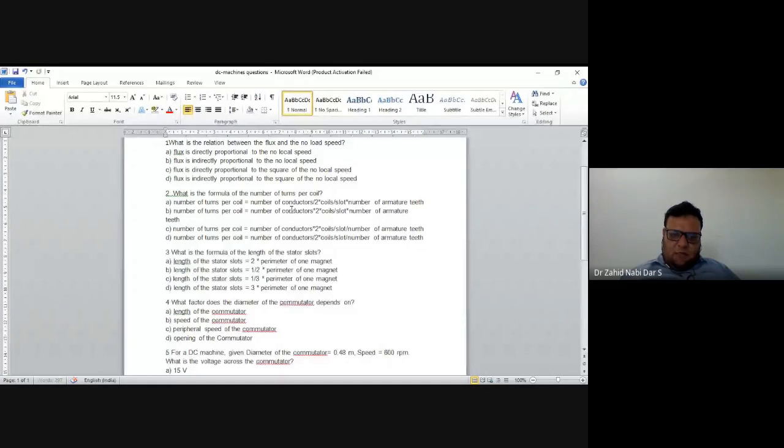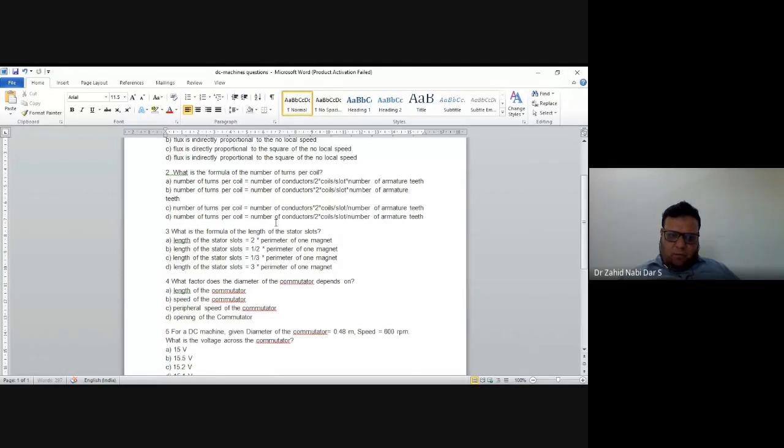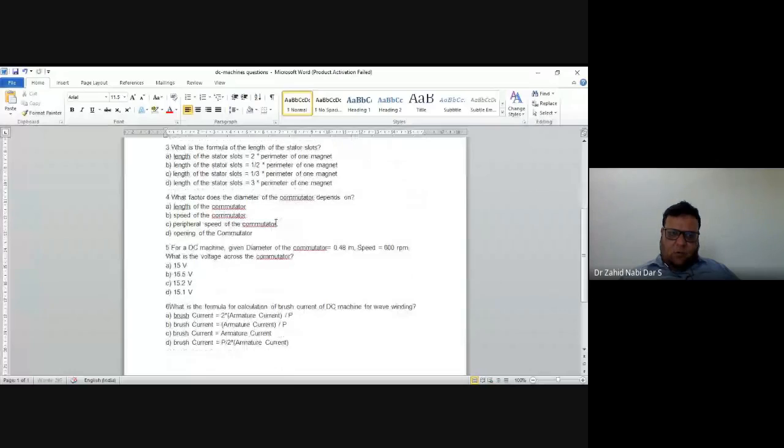Or number of turns per coil is equal to number of conductors into 2 into coils divided by slot divided by number of armature teeth. Or number of turns per coil is equal to number of conductors divided by 2 into coils divided by slot divided by number of armature teeth. So this is question number 2. By now you should answer this. Okay. What is the formula of the length of the stator slots?